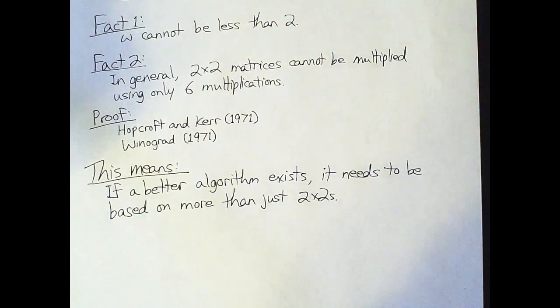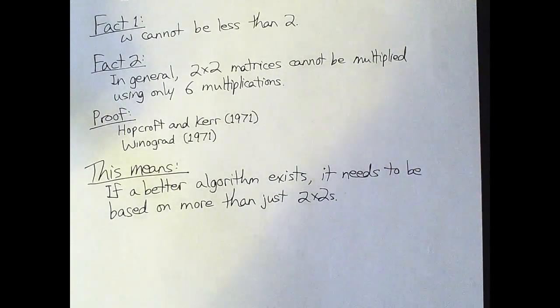So what happened is people started looking at larger cases. People started saying, what about 3x3 matrix multiplication? Is there a more efficient way to do that? And not using Strassen's algorithm, but just looking for a new algorithm from scratch. Is there like some really efficient way to multiply 3x3 matrices? Because if there is, then maybe we could do block matrix multiplication, and that would help.